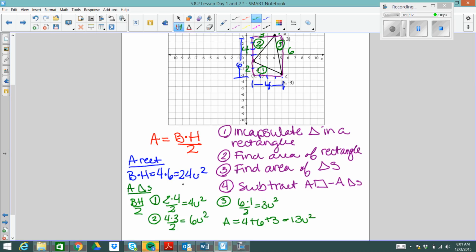So the area of my rectangle is 24 square units. That's the whole thing. The area of my 3 right triangles, the part that we don't need, is 13 square units.